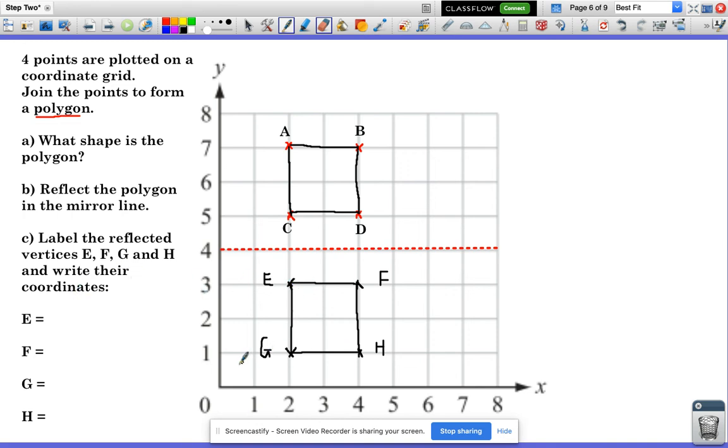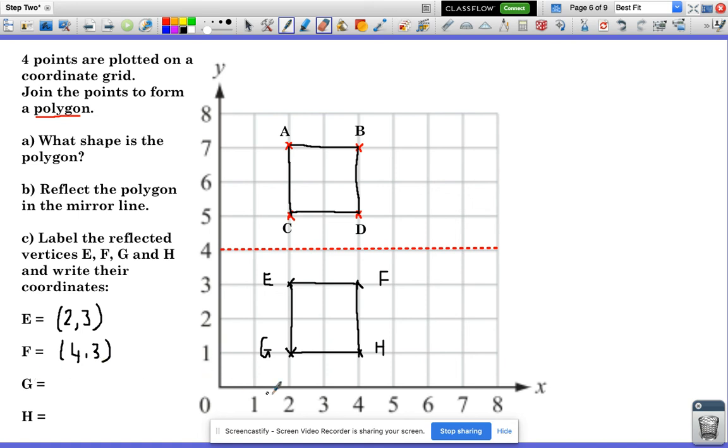So E, along the corridor is 2, up the stairs is 3. So remember we draw brackets, 2, comma, 3, brackets. F, all the way along to 4 and up to 3. So it's 4, comma, 3.